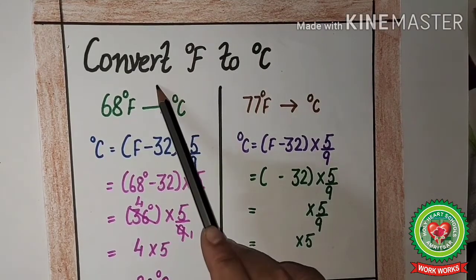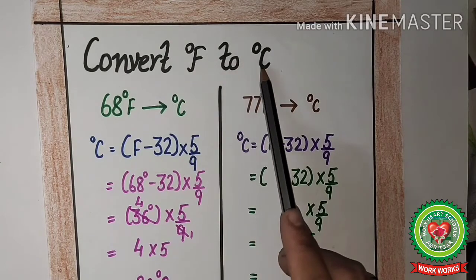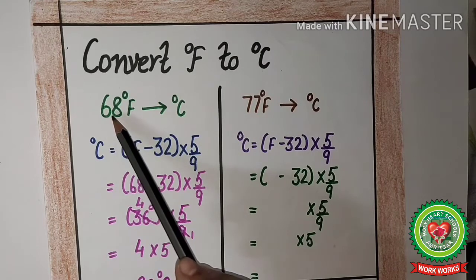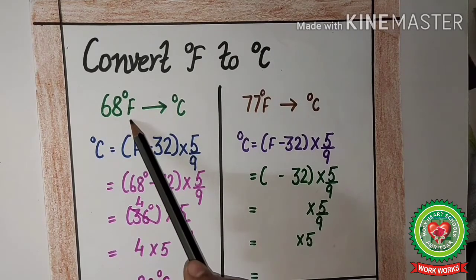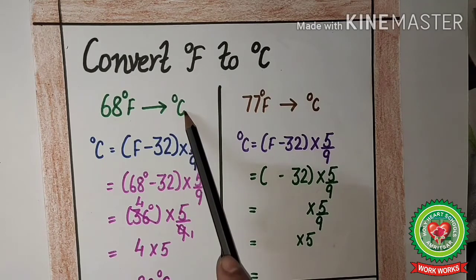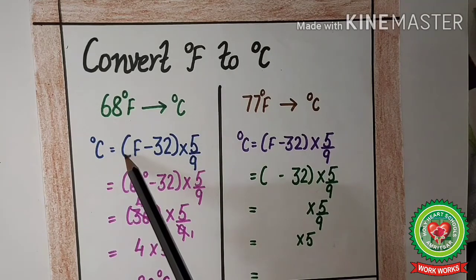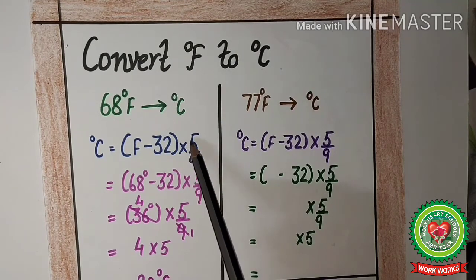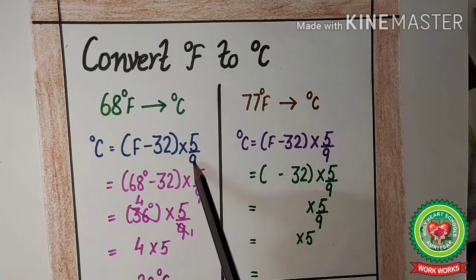Now convert Fahrenheit to Celsius scale. We have one example: 68 degrees Fahrenheit convert into Celsius scale. So we apply the formula of Celsius scale, that is bracket start F minus 32 bracket close multiply 5 upon 9.